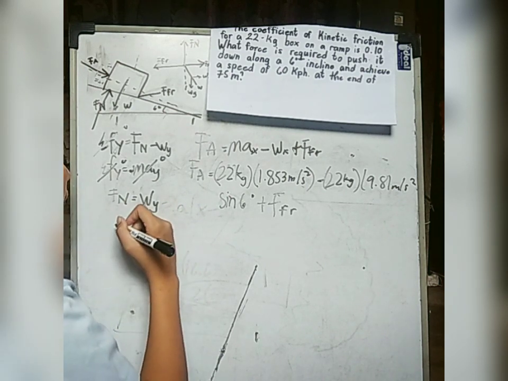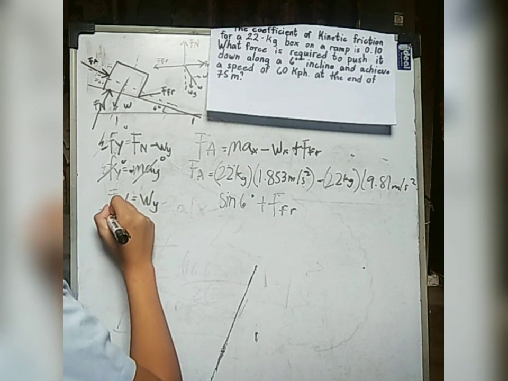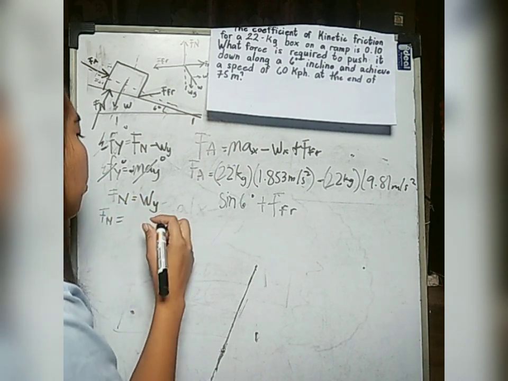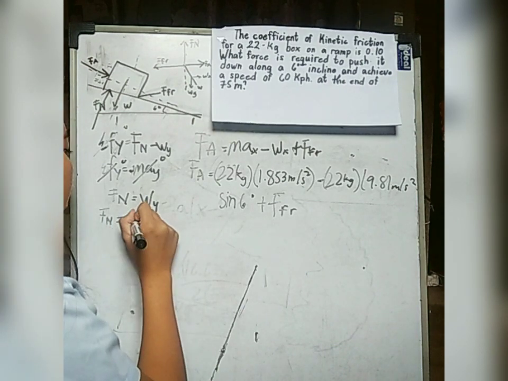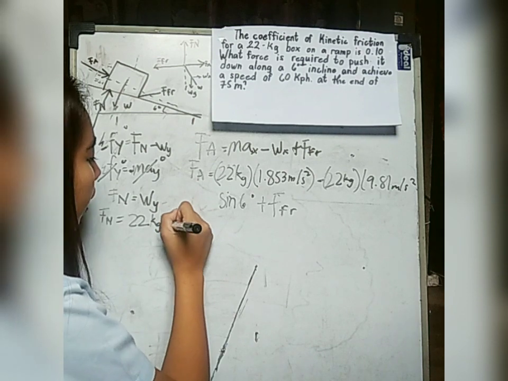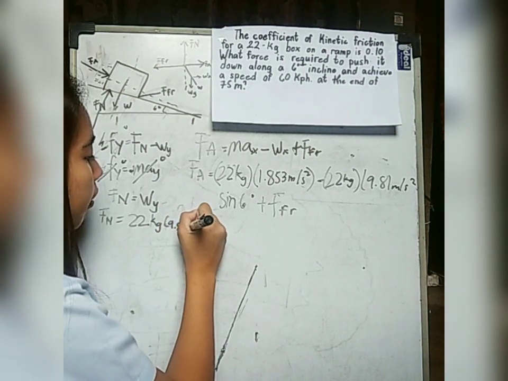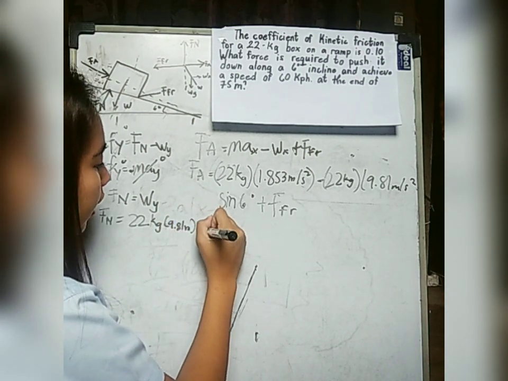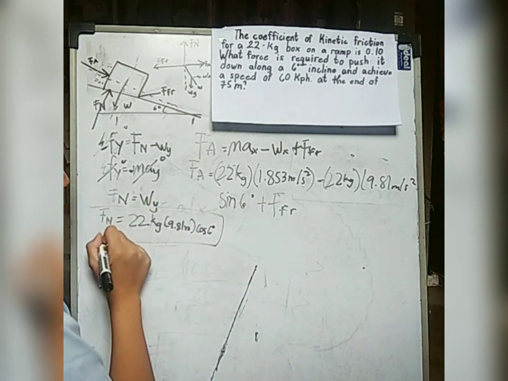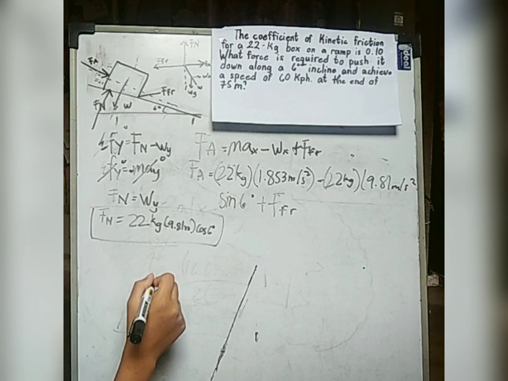So, Fn is equals to, weight natin is mass multiplied by gravity. So, mass natin is 22 kilogram multiplied by 9.81 meter per second squared cosine 6 degrees. So, ito yung ilalagay natin sa friction.